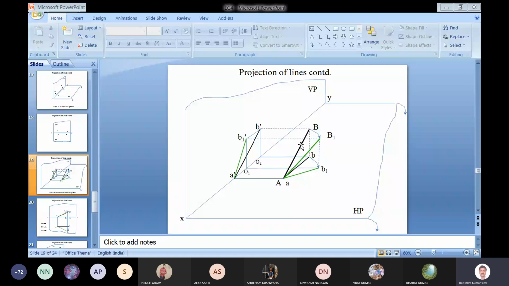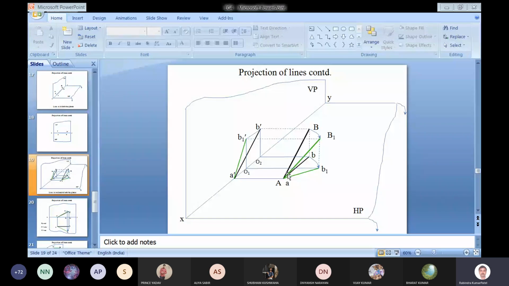This is the line capital A capital B. If we want the line to be inclined with both the planes, we can rotate this line capital A capital B in this direction by a certain angle, so that we get another line, capital A capital B1.